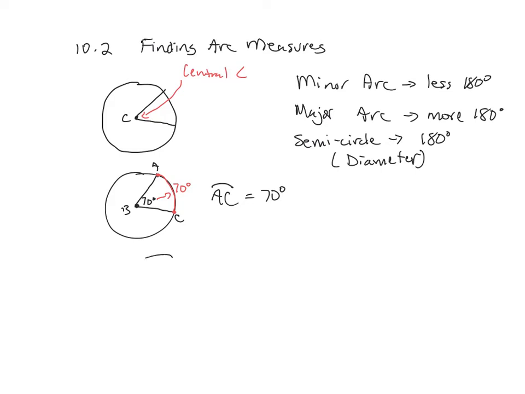So the other thing you need to be aware of: when you see a dot like that, that's telling you that's the center, which also tells you that T to R is a diameter.